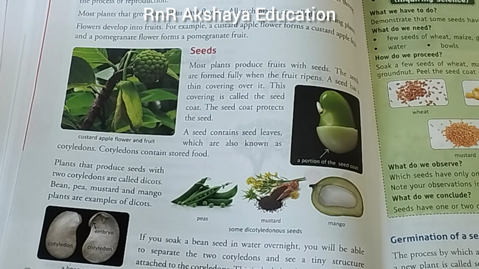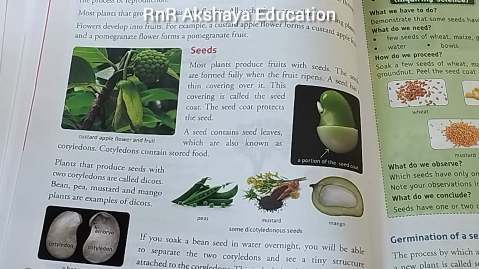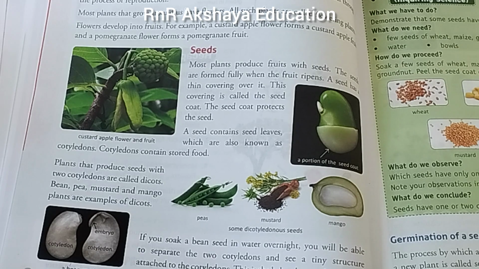When we soak a bean seed in water overnight, you will be able to separate the two cotyledons and see a tiny structure attached to the cotyledon. This is the baby plant or the embryo.